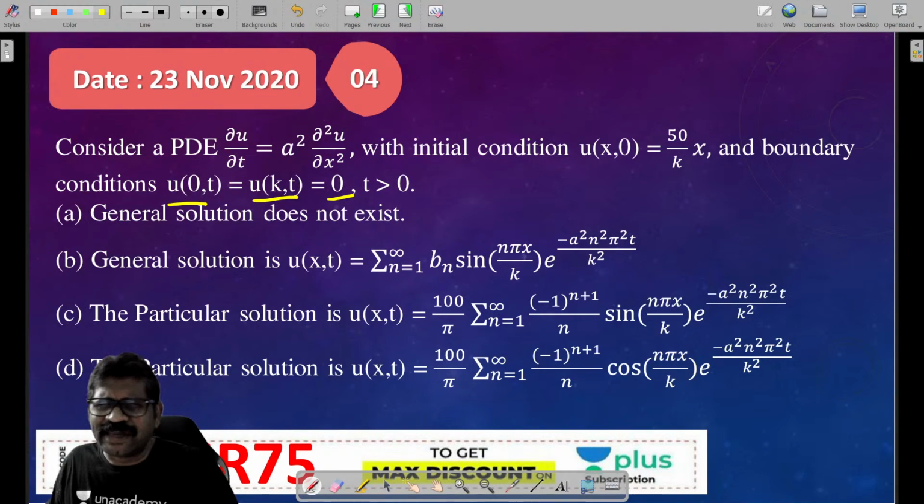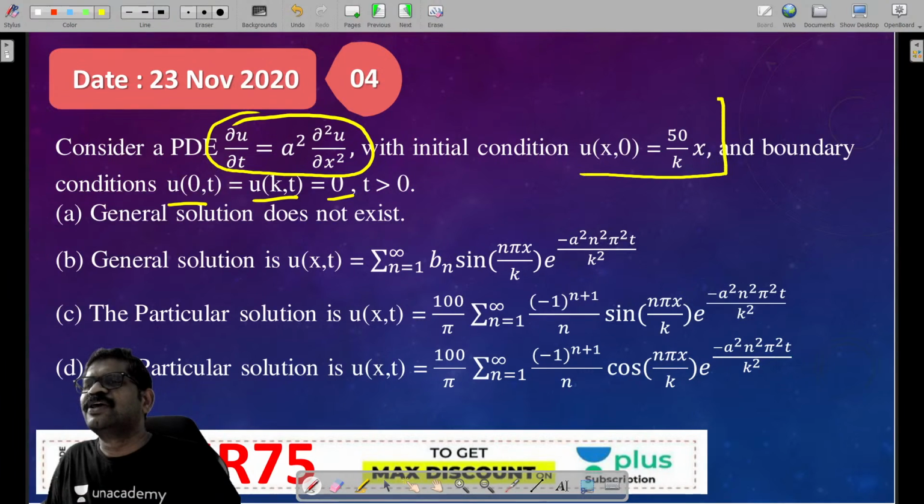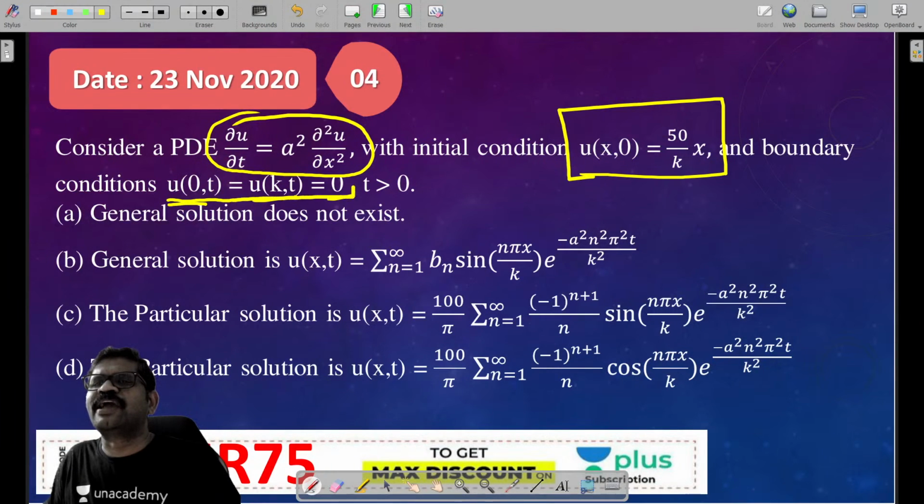Here it is a heat equation, but we have to apply the Fourier series solution of the heat equation. U of 0 comma t is 0, u of k comma t is 0. These are the boundary conditions. This is the initial condition.